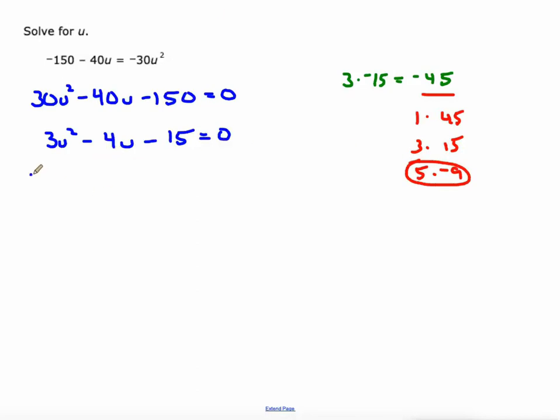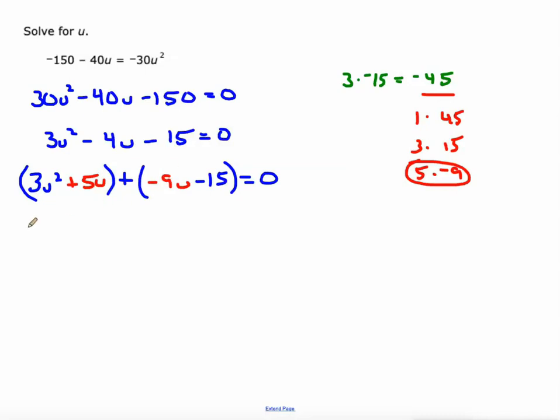Let's rewrite this as 3u squared plus 5u plus negative 9u minus 15 equals 0. So all I've done is rewrite this, and I broke up the negative 4u into 5u and negative 9u.